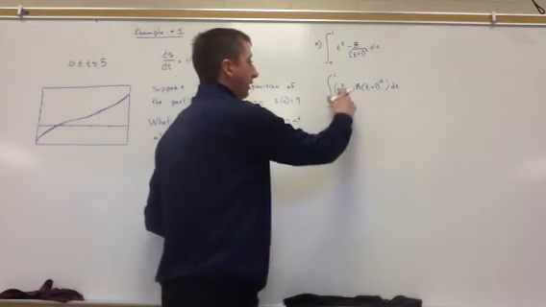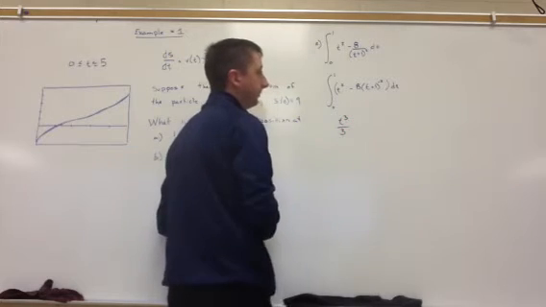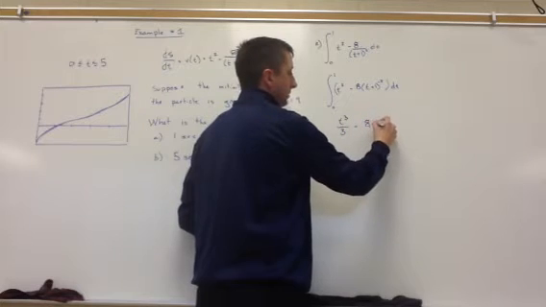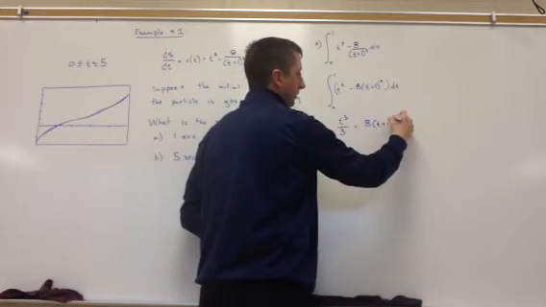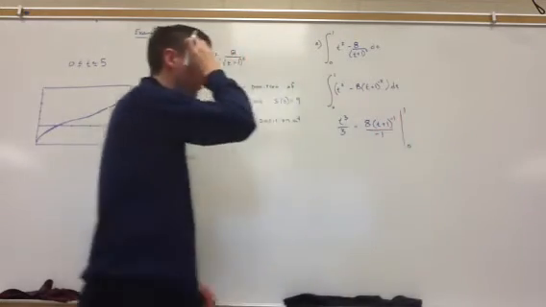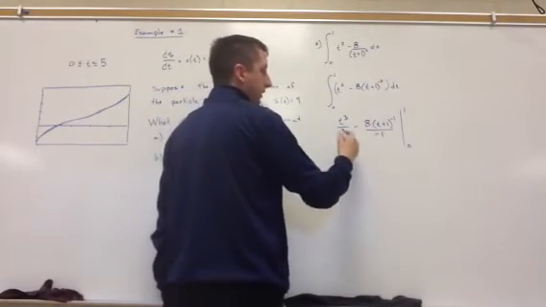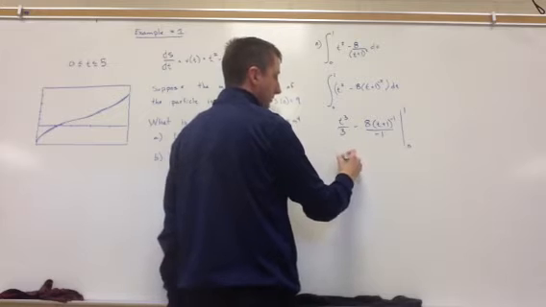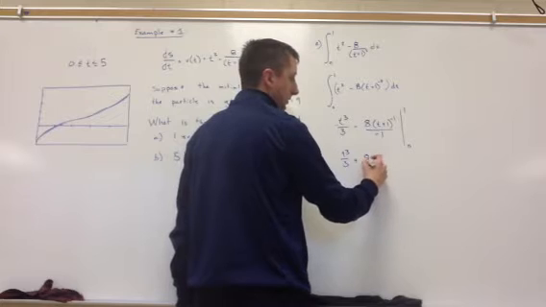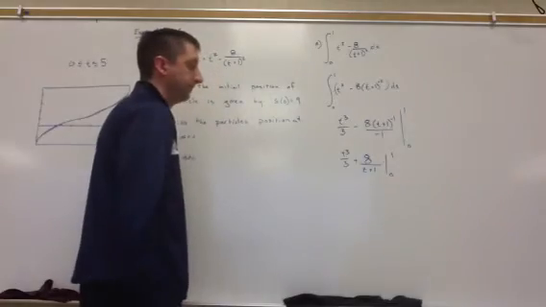Okay, so we're going to end up with t cubed over 3 minus 8 times (t plus 1) raised to the negative first power divided by negative 1, bounded between 0 and 1. So if I plug in my values, we can rewrite this as t cubed over 3 plus 8 over (t plus 1), bounded between 0 and 1.